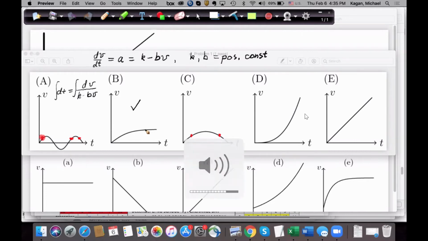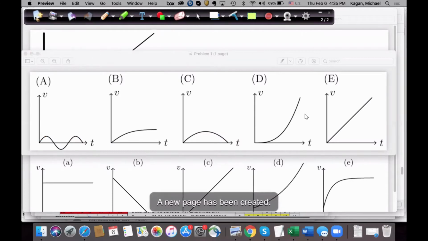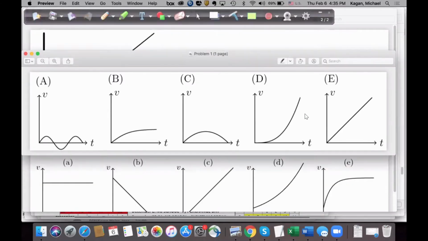Okay, so got another one, which may be simpler.